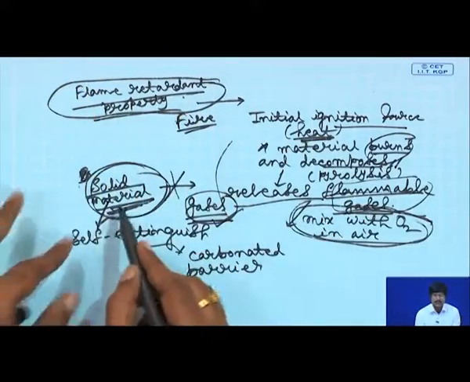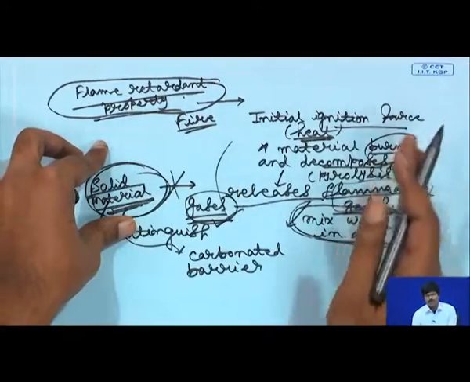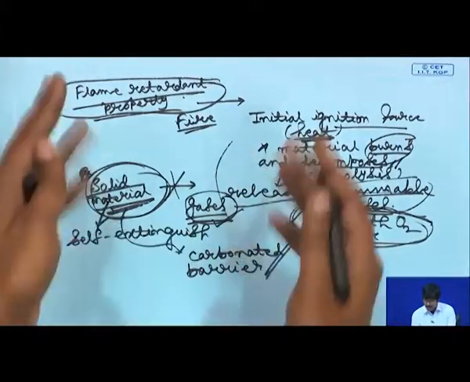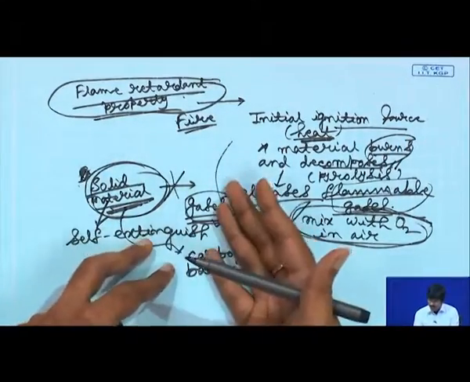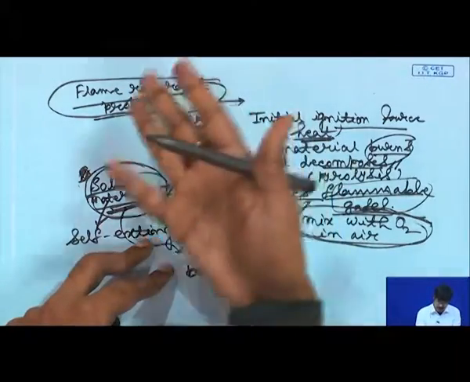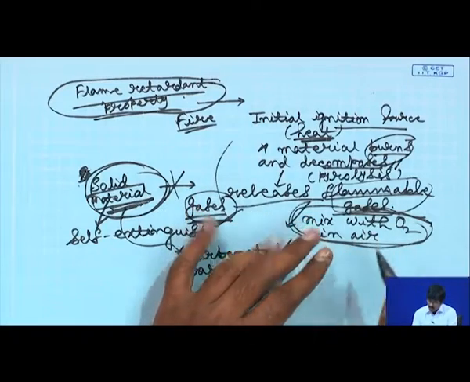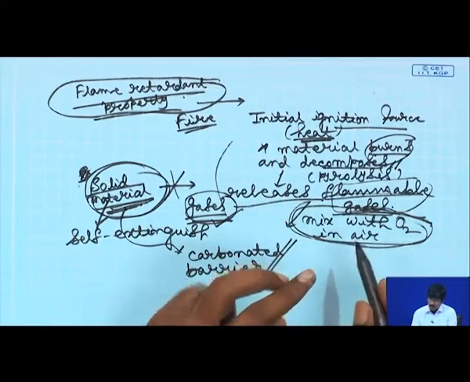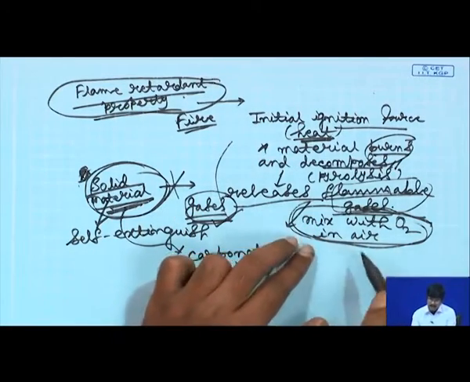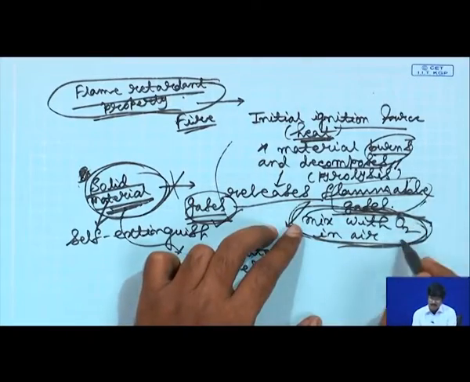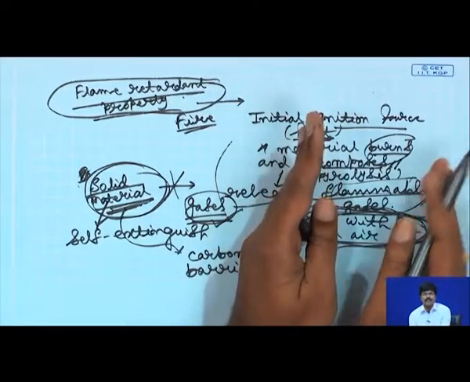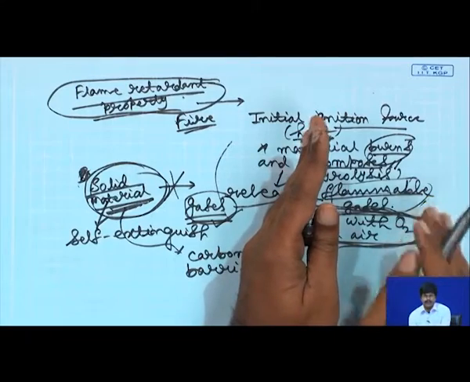Secondly, it can stop the decomposition of this material, so that no more flammable gas is released. This is one of the ways in which it can be done. Secondly, you can use a kind of flame retardant material which can release inert gases which can mix with this flammable gas and oxygen, and dilute this and reduce the devastating effect of the fire.